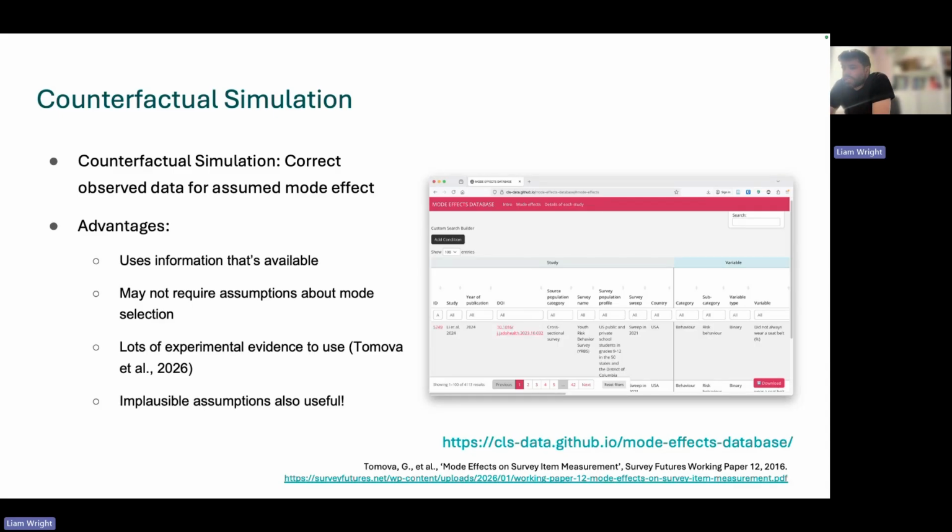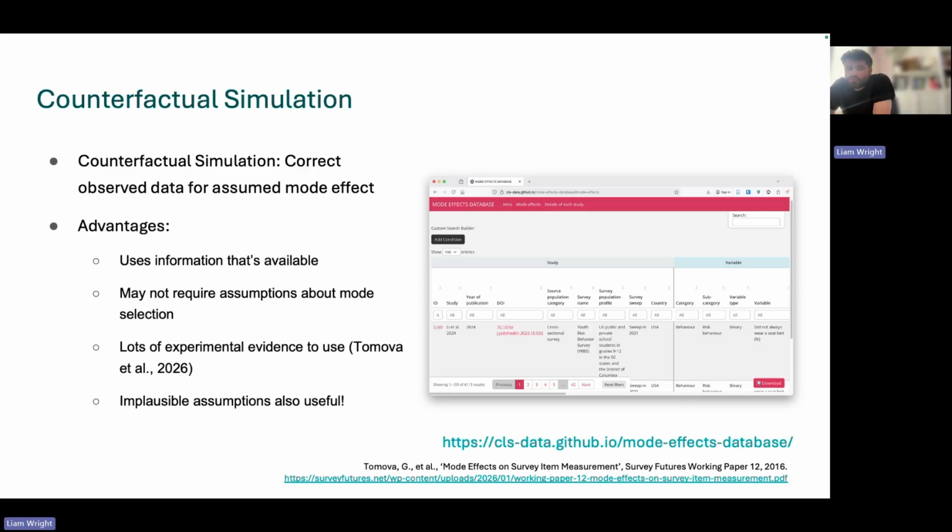Another approach is, if you can't say with confidence what a mode effect might be in practice, plausibly, you could say what an implausible assumption would be instead. So just going back to the headline findings that I spoke about at the top of the presentation, mode effects rarely exceed something like 0.2 or 0.3 SD on average.